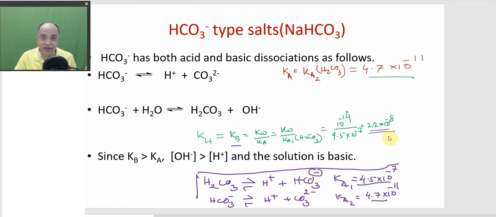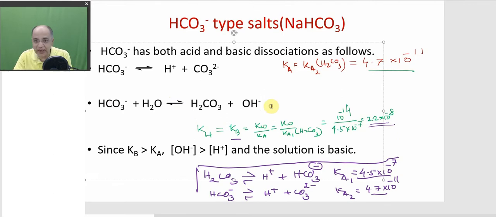They will remain as such, but in the KB expression, this into this by this. So if they readjust, this will become less to equalize with this, and this will become more, so the product remains the same. And these two get reacted almost completely. And the little excess doesn't upset the charge balance. That's what I have told you here.